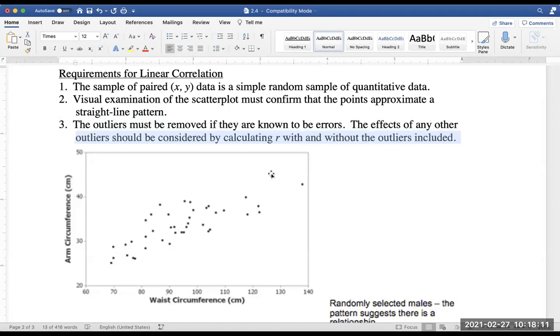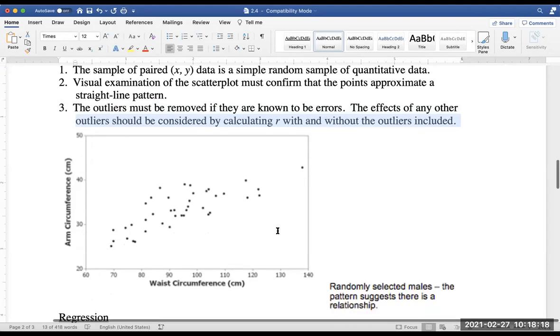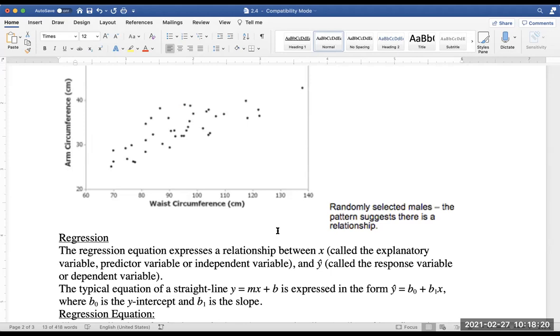So you need to calculate your correlation coefficient both with and without outliers, because they'll greatly affect the slope of your line, and so the position and slope of your correlation line, your regression line.